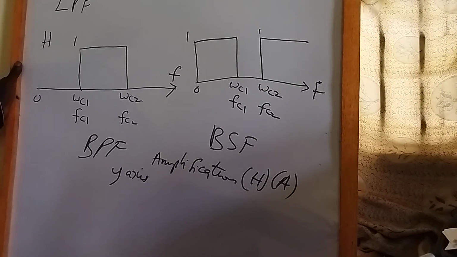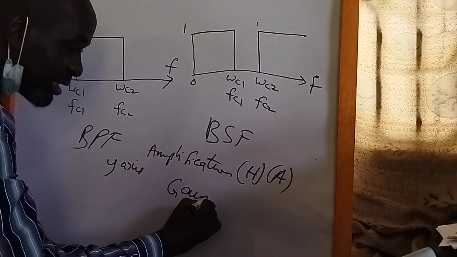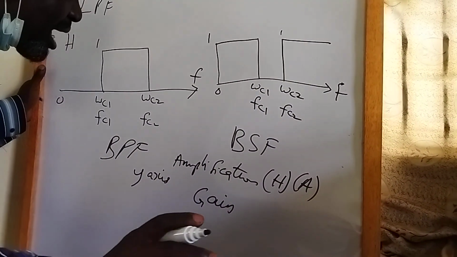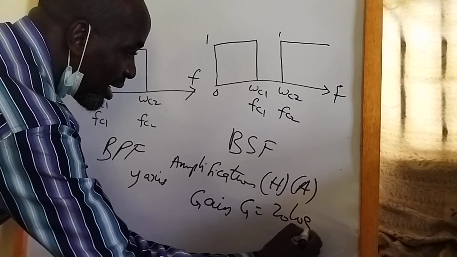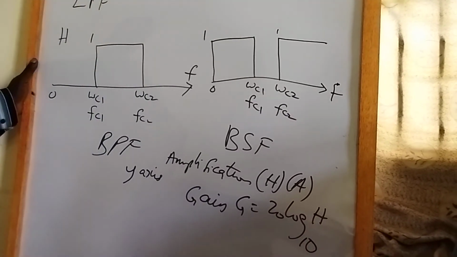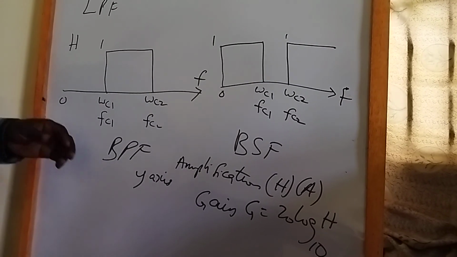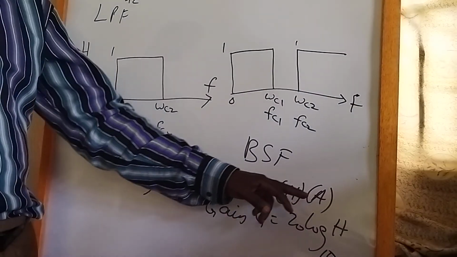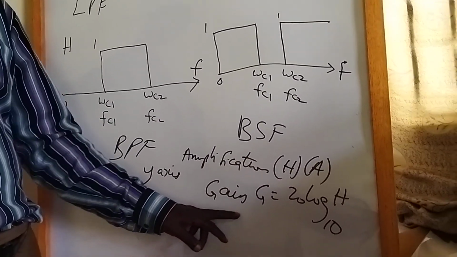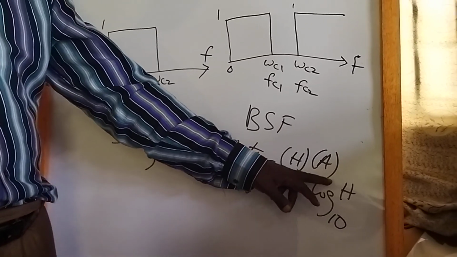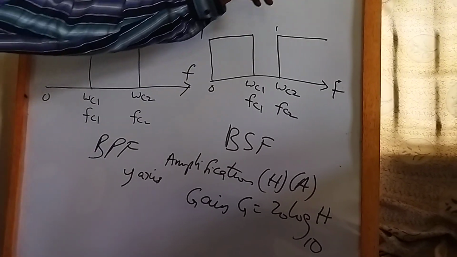Like I've said in one of the lectures, this can also be expressed in terms of gain, G, which is 20 log H to base 10. Now, the y-axis is either amplification, H, or gain, G, which is 20 log H. That's your y-axis. Your x-axis is frequency.